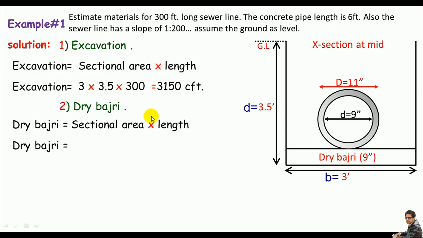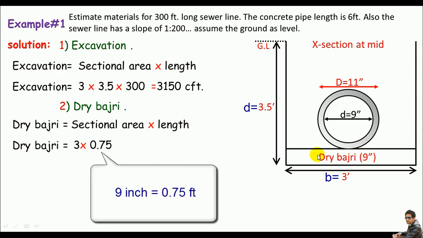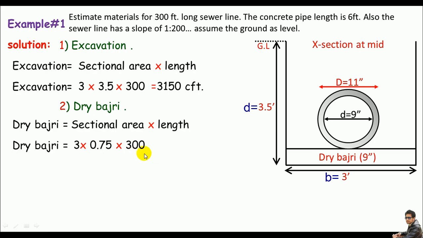So plugging in, the cross-sectional area is 3 times 0.75. Remember, this is 9 inches, which is equal to 0.75 feet, times the length, which is 300. You get 675 CFT as the dry brickwork. Here you may notice, why should I provide the total depth in this formula? Because we are not losing any depth due to compaction or any other process.